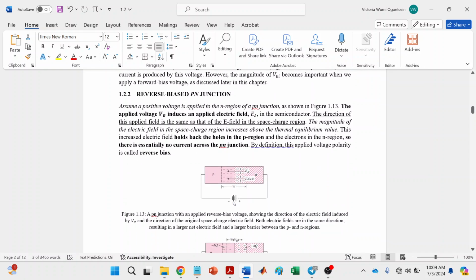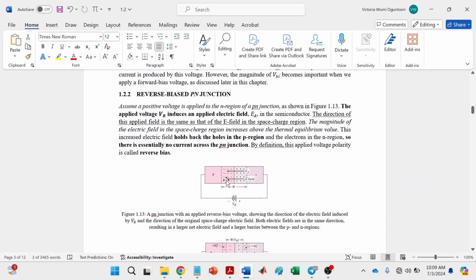For the reverse bias case, when a positive voltage, so you look at this sign, is applied to the N region of the PN junction, and conversely a negative voltage is applied to the P region of the PN junction, the applied voltage is going to induce another electric field.